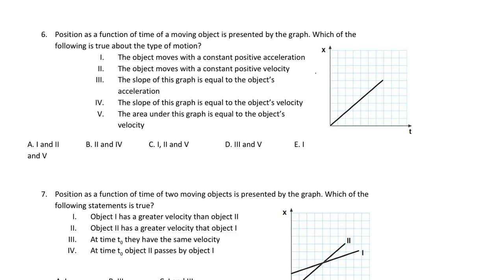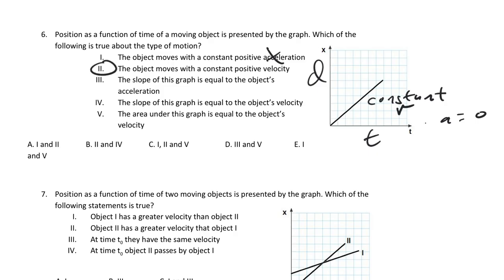Okay, right here, this is a D versus T graph. Constant positive acceleration? No, this is constant slope, which would be velocity. So there's no acceleration because you're going constant speed.